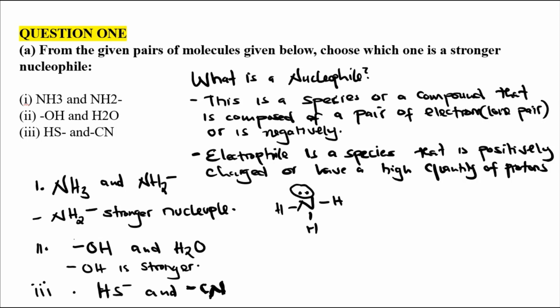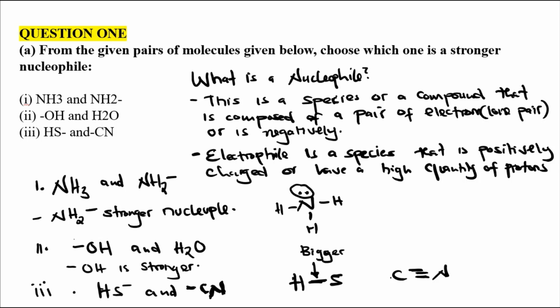Okay, and the electronegativity of the bond between sulfur and hydrogen, the electronegativity of this bond is bigger than the bond that exists between carbon and nitrogen. So this is a stronger nucleophile. Okay, this is a stronger nucleophile because the electronegativity of this bond is stronger than the electronegativity of these bonds that are found between carbon and sulfur.